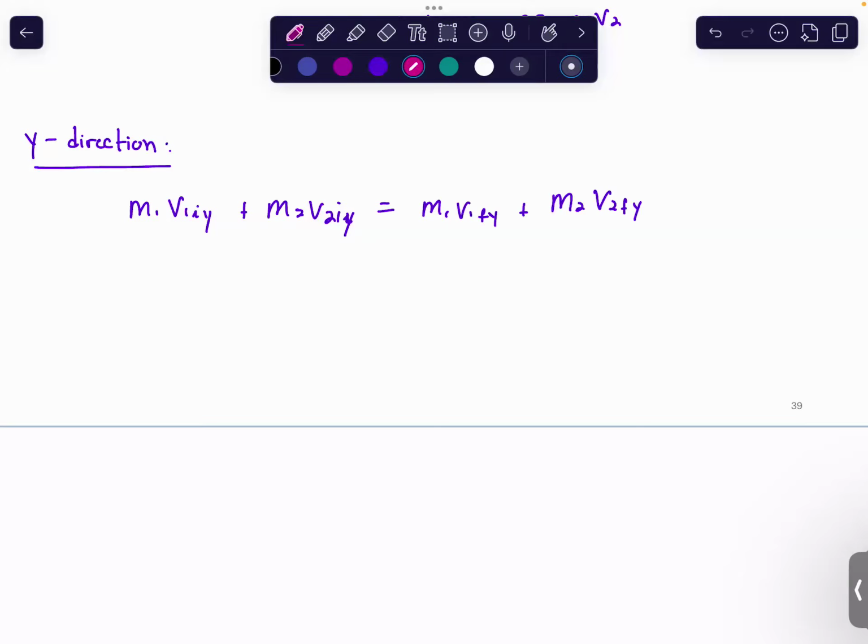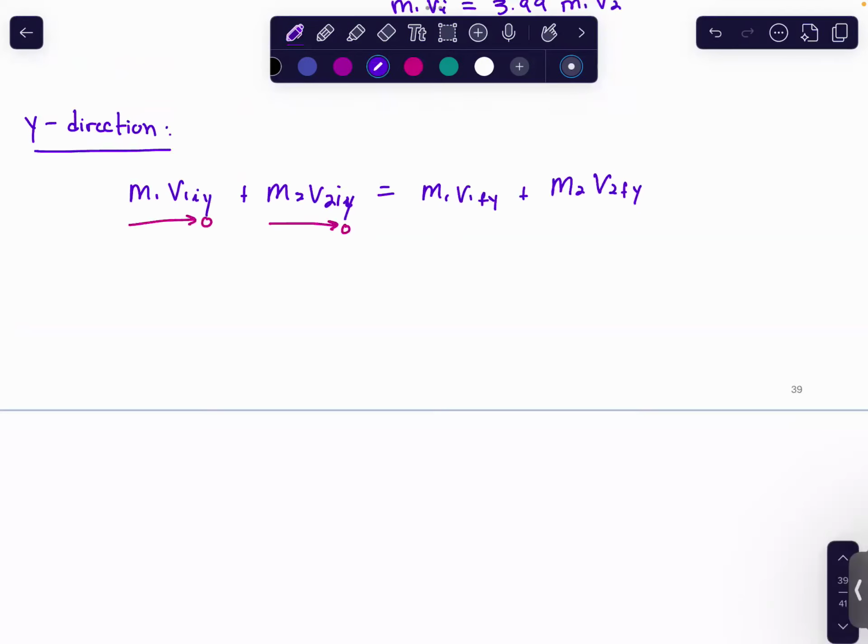Now, of course, initially mass 2 is not moving. Also, initially mass 1 is only moving in the x direction. And so now let's work with this.